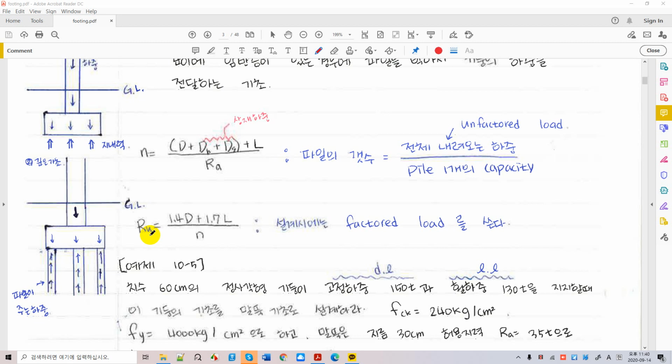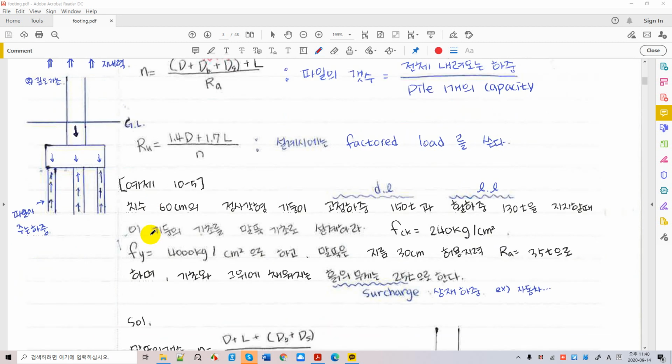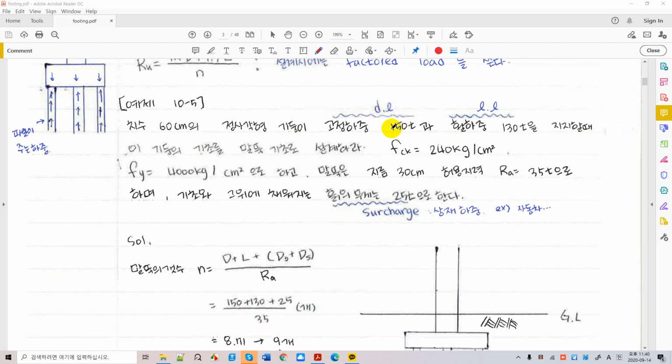All right. Okay. Now let's take a look at an example. We have here dead load. We have here live load, and for all concrete we use 24 megapascal and 400 megapascal rebar, and we have a soil weight of 2.5 tons per cubic meter, right?